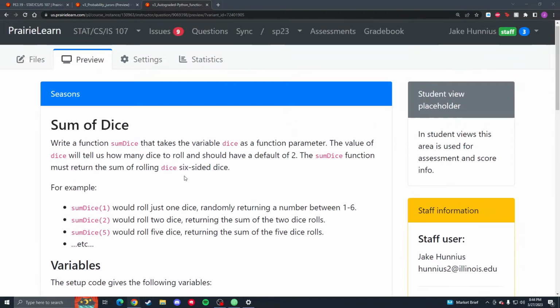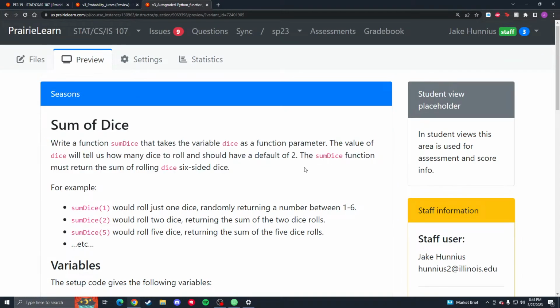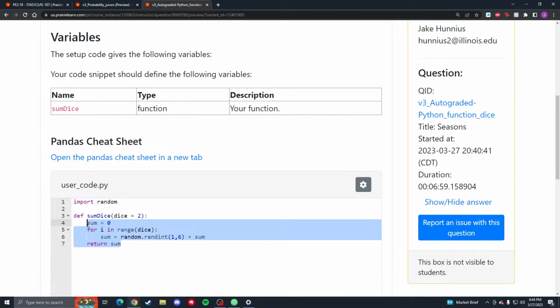Because this is not a simulation. This is just a regular for loop. We're not trying to store this into a data frame. We're just trying to find the sum. So I guess another way to do this is you could do it this way.